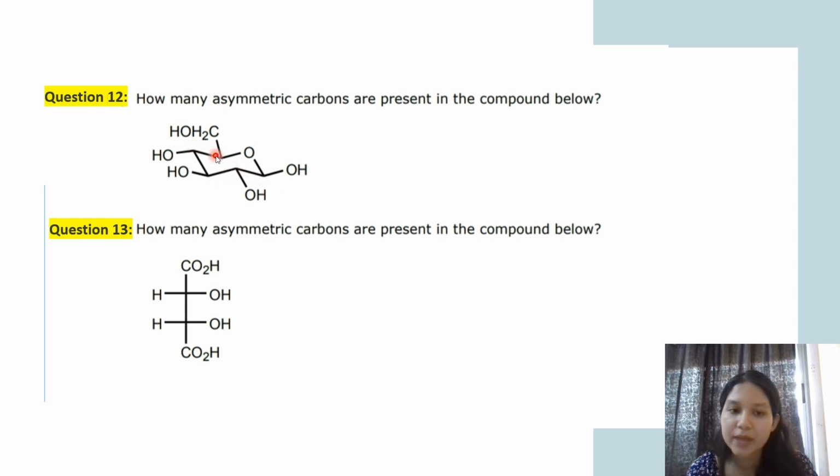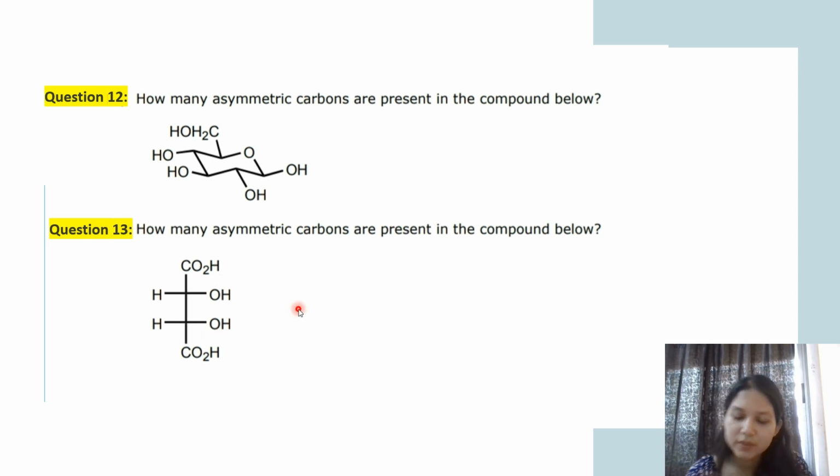All the 5 carbon atoms which are the members of the pyran ring possess 4 different substituents, and those will be asymmetric carbons. In question 13, how many asymmetric carbons are present in the compound below? Again, you are given this tartaric acid.